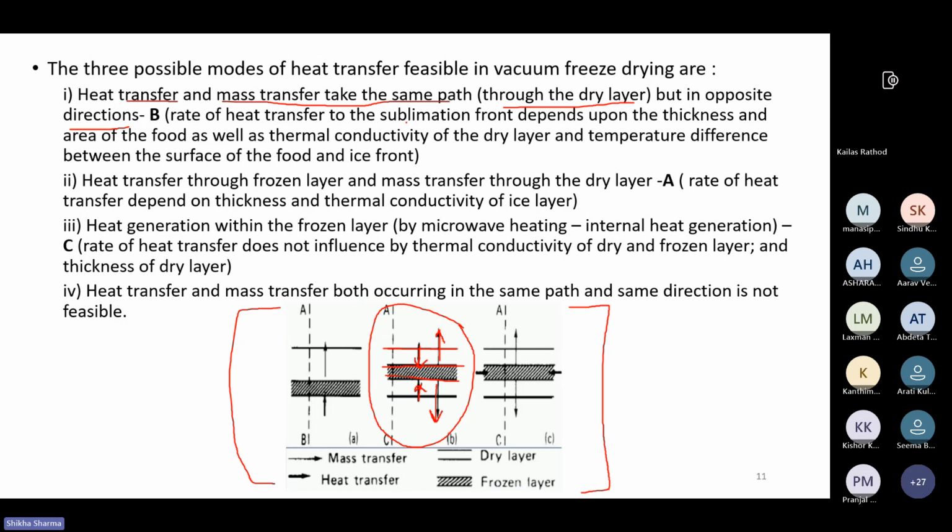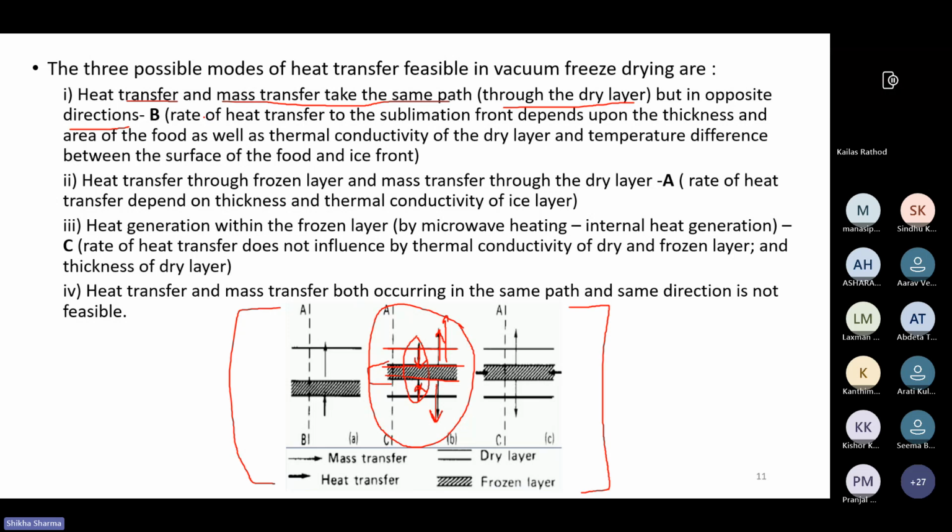When we talk about the dry layer, heat and mass transfer follow the same path but in the opposite direction, because from both sides heat is going into the frozen layer and moisture is removed towards the atmosphere. So the direction is opposite.